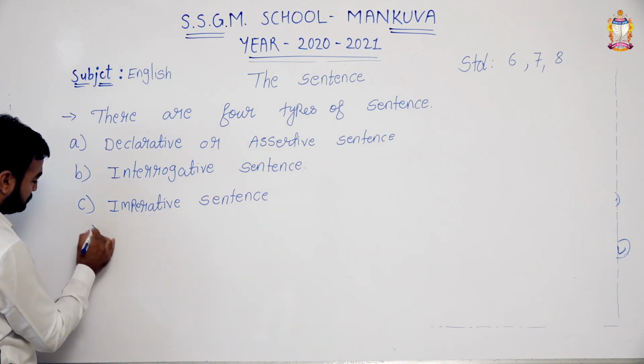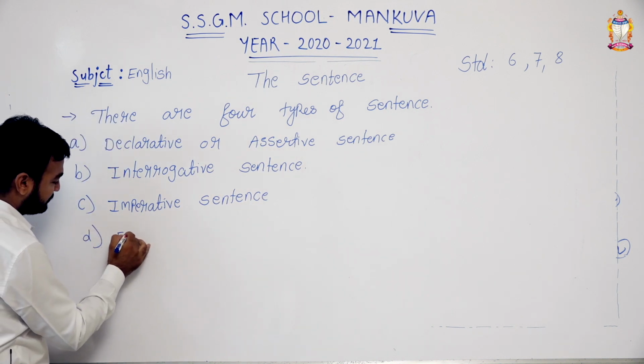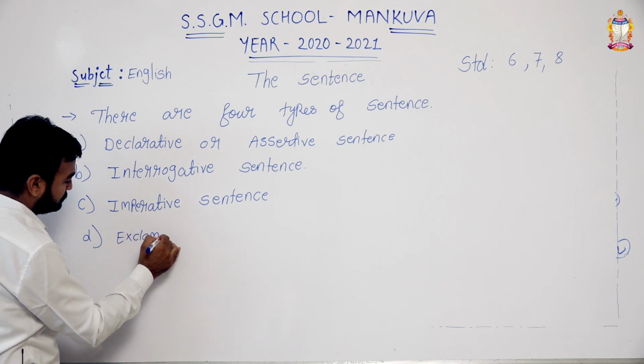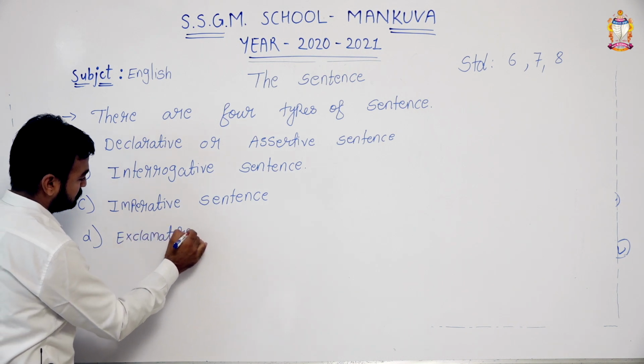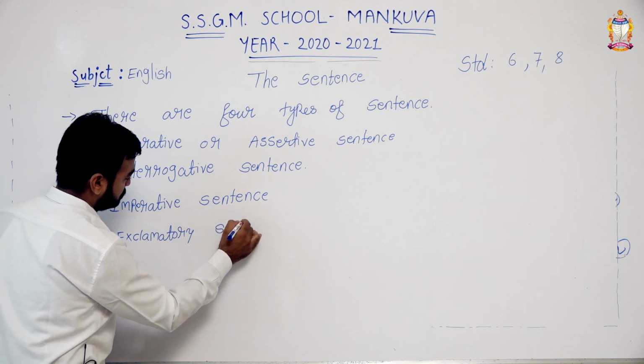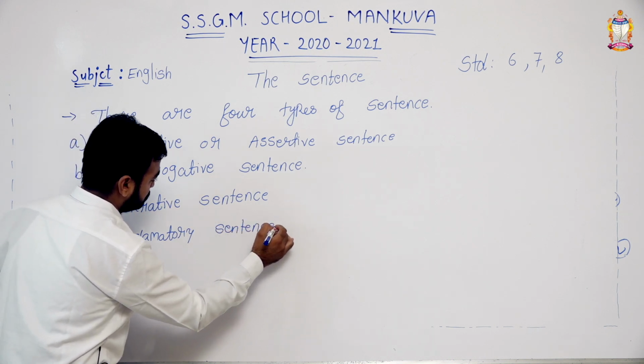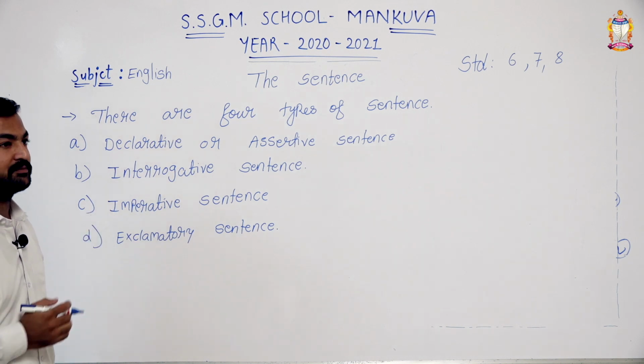Number 4, exclamatory sentence. So these are the 4 types of sentence.